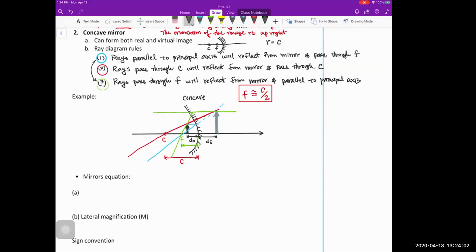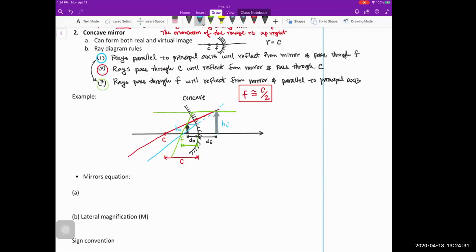Another two variables we can define are the heights. The reason we care about the height is sometimes the image will be larger, sometimes the image will be smaller. We want to find out whether it is larger or smaller, and that is what we call the magnification. So if I make the height of this the height of the image, this one here is the height of the object.